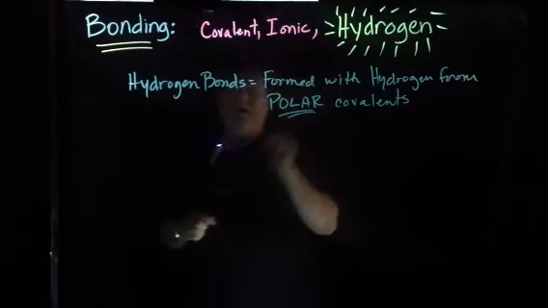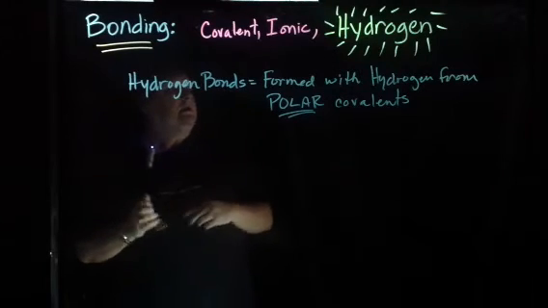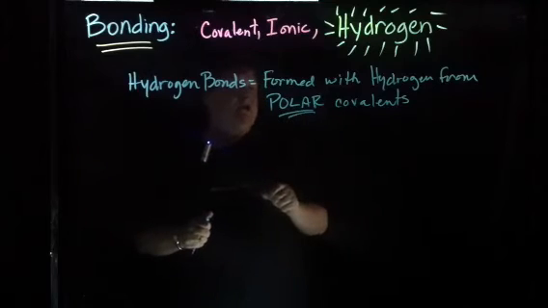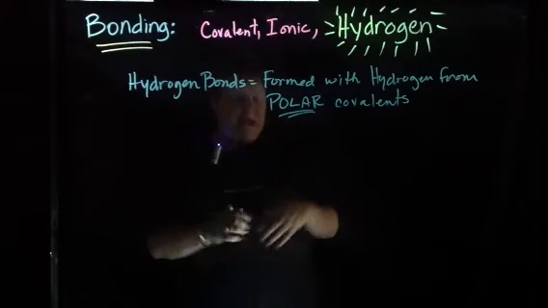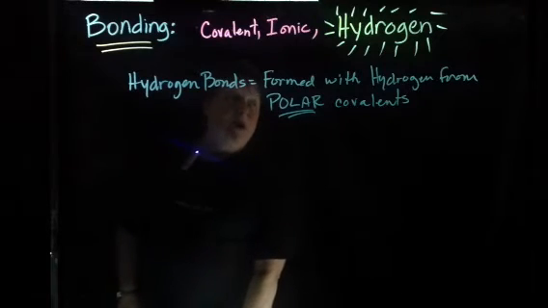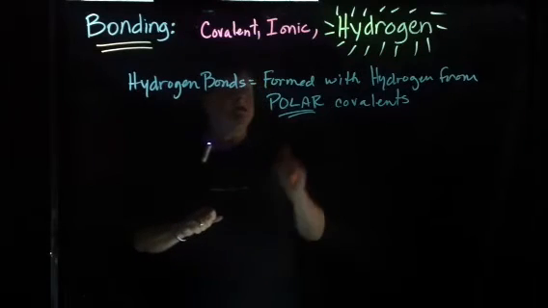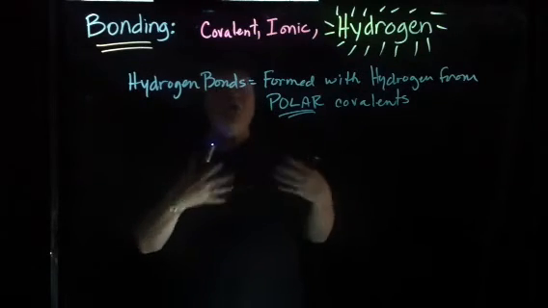Remember, when I talked about the polar covalent bonds, we said that because the electrons are shared unequally, the atoms within that molecule are going to have partial positive and partial negative charges. It's that partial charge that allows hydrogen to form two bonds.